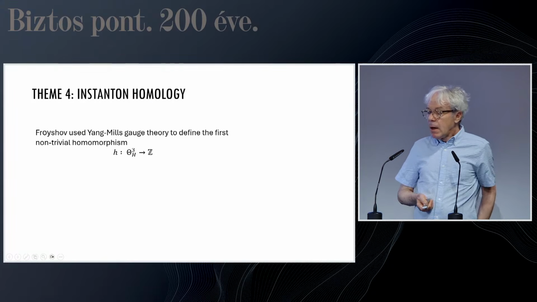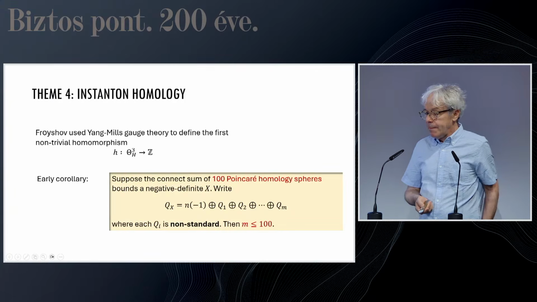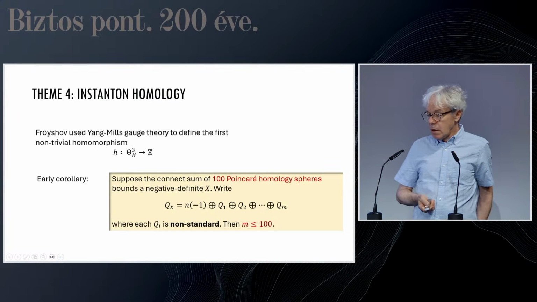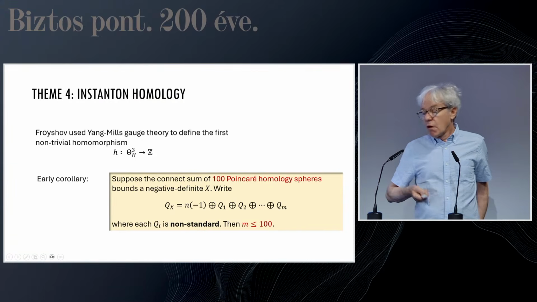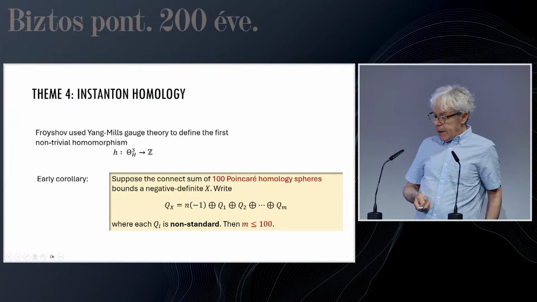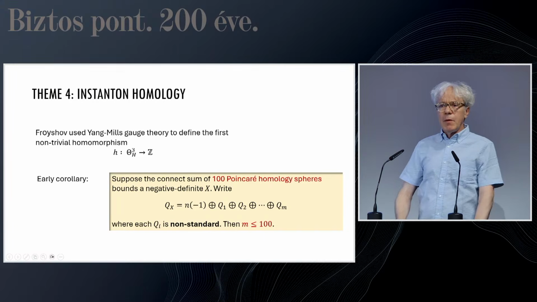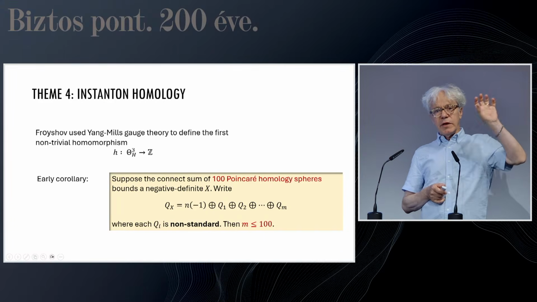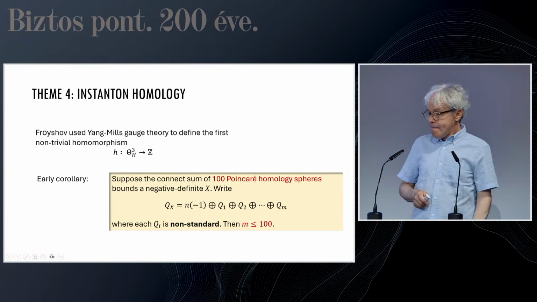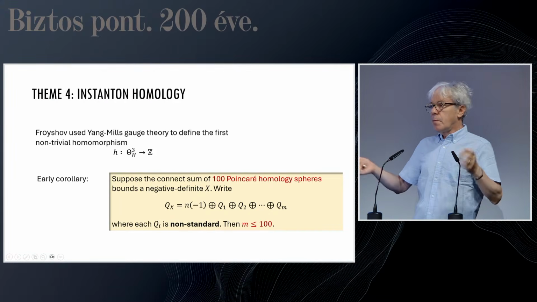The first such homomorphism was constructed by Kim Frøyshov using instanton homology. A corollary of his work, just illustrative: if you take 100 copies of the Poincaré sphere, the Poincaré sphere bounds a manifold with intersection form E8. So 100 copies bounds a manifold whose intersection form is 100 copies of E8.